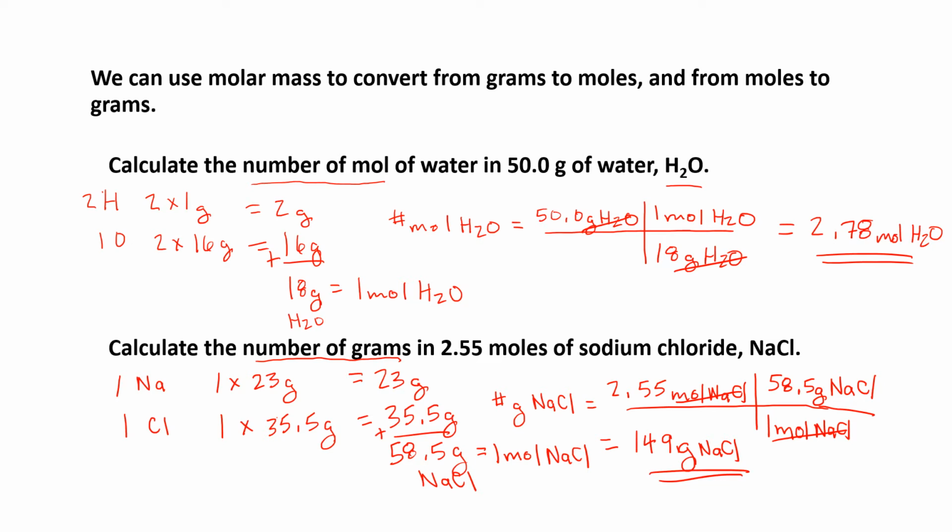All right, so I'll label this problem as 1 and I'll label this problem as 2. So in problem 1, we were going from number of grams of the substance to number of moles of the substance.